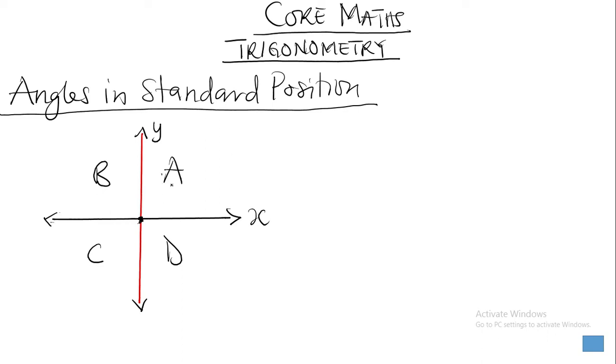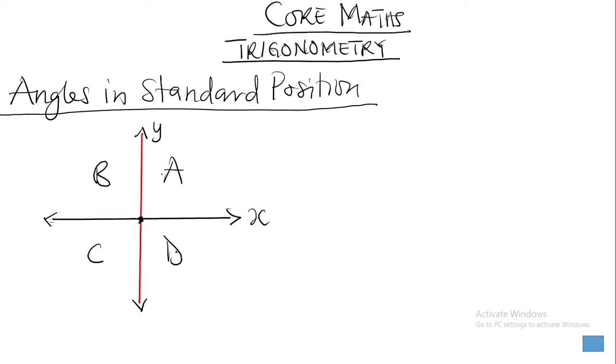In a Cartesian plane, there are 4 quadrants. This A is the first quadrant, B is the second quadrant, C is the third quadrant, and D is the fourth quadrant. So the Cartesian plane is divided into 4 quadrants.